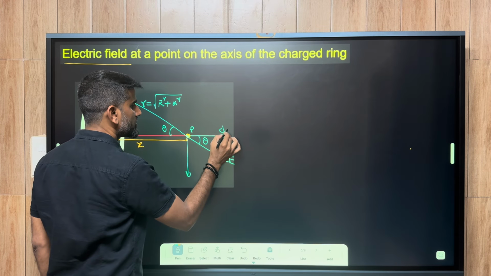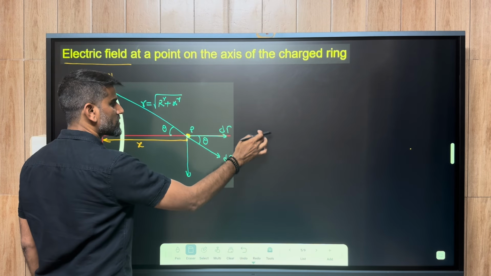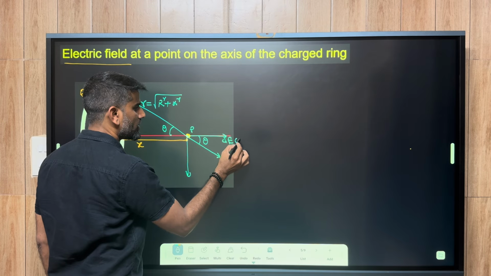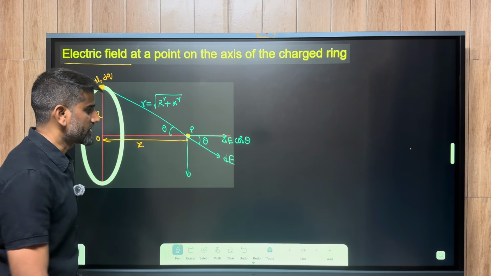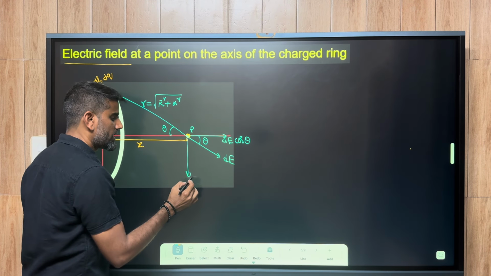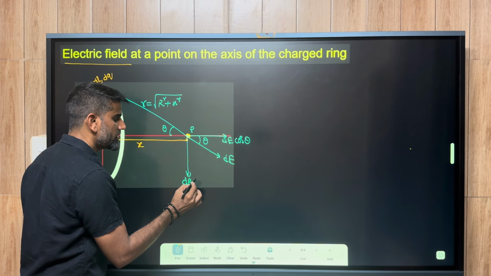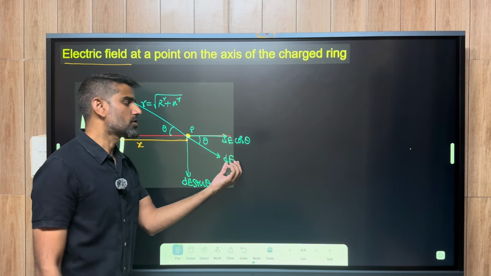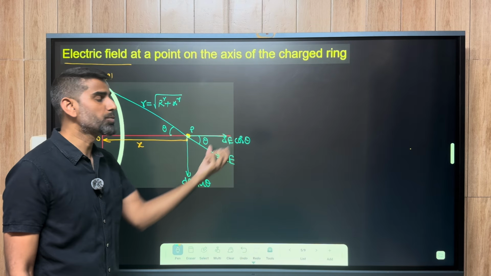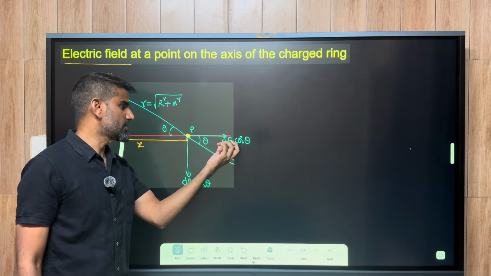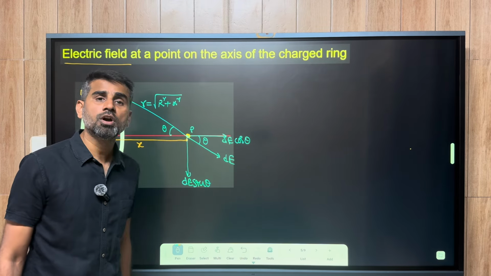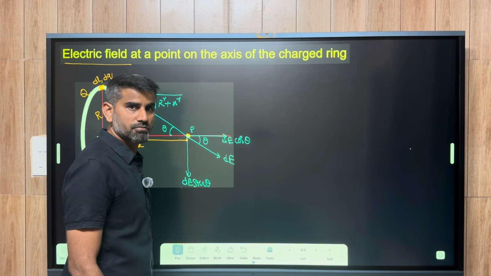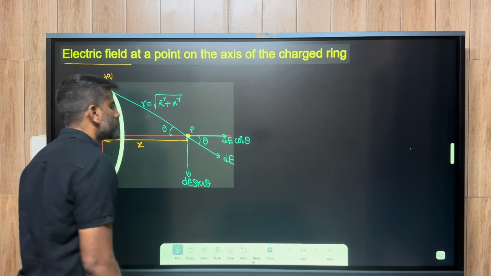The component in this direction is dE cos theta, and the component in this direction is dE sin theta. So dE cos theta is along the x-axis and dE sin theta is along the y-axis. I'm going to consider this as the x component and this as the y component. Is that okay?